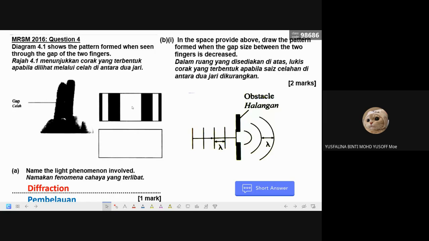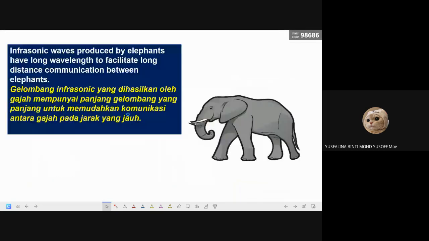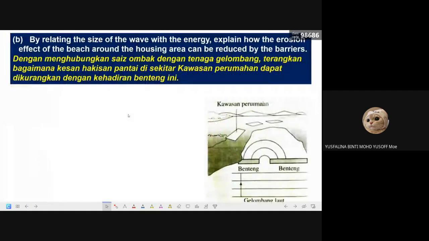Is it the bright fringes in the middle here, do they become smaller or bigger? Okay, what happened here? Okay, diffraction of light, right?